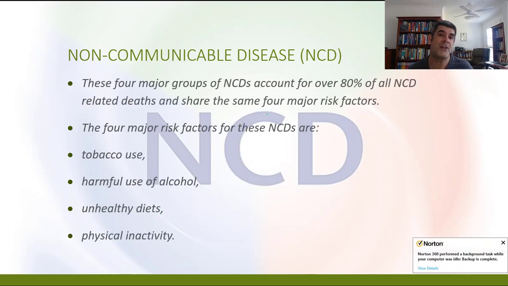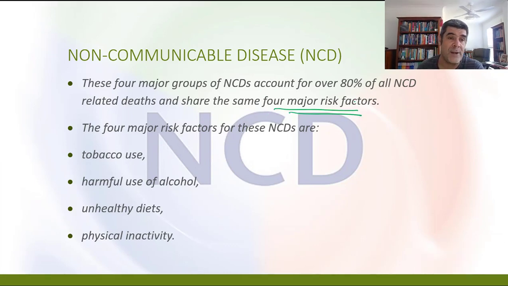Now, whilst the four major groups of NCDs account for over 80% of all NCD-related deaths, they do share four common risk factors. When we're doing our epidemiological studies, one of the things we're always looking for are risk factors, where having one or several of these significantly increases the likelihood of developing one or other of these types of NCDs.